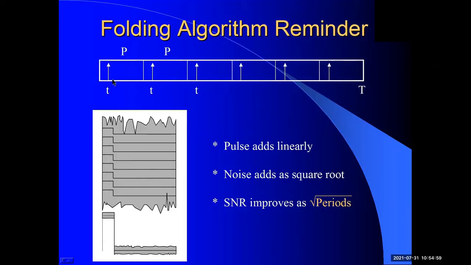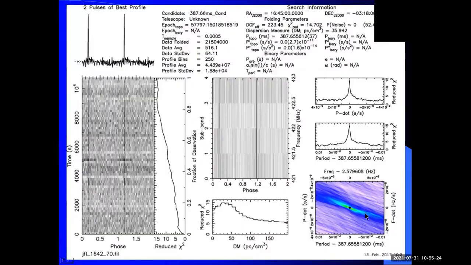And if it does this, if a pulsar is present, it will appear in the same relative position in every period, so that when you cut these up digitally and stack them one on the other, the pulsar, if it's present, adds linearly, the noise adds as the square root, and so the signal to noise ratio improves as the square root of the number of periods.